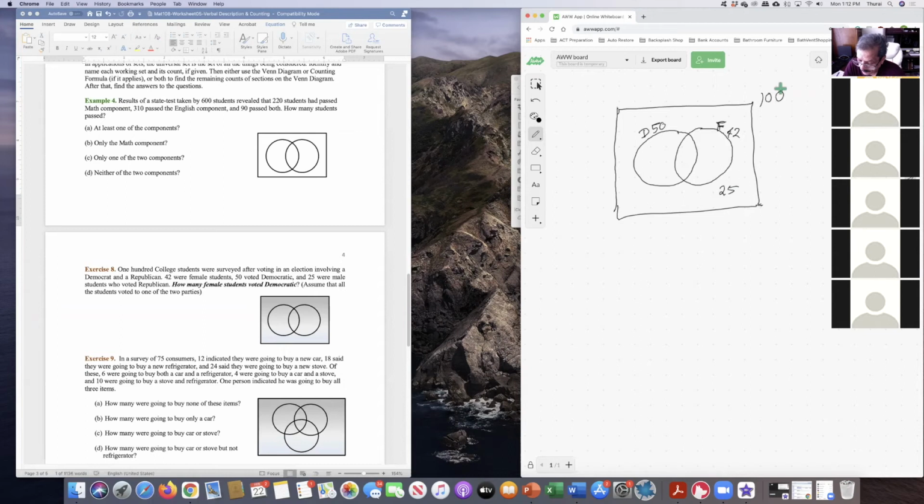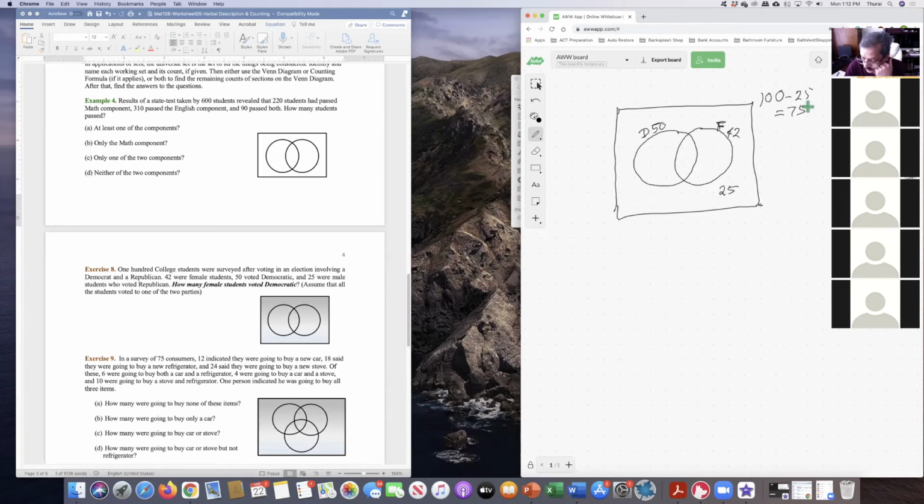I can figure out the number of elements in the union of two circles by doing what? 100 minus 25. Right, very good. 100 minus 25 equals 75, which must be the two circles together. There are 25 elements outside the circles, so there must be 75 inside the circles.